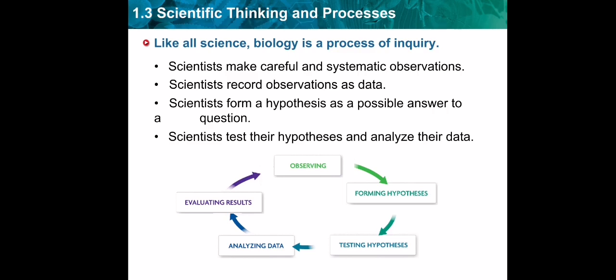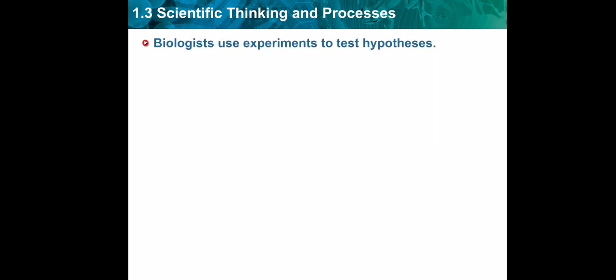Then scientists test their hypothesis and analyze their data. So, how do scientists work? They observe, form hypotheses, test hypotheses, analyze data, then evaluate results.